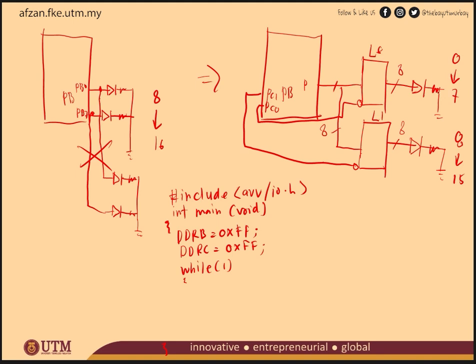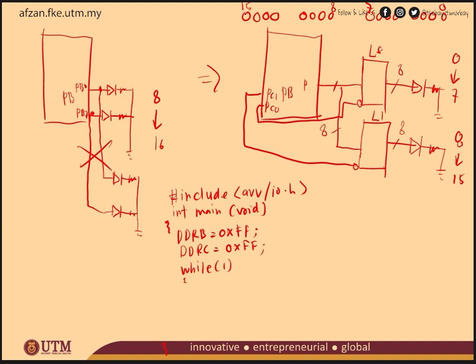How to do that? Let's say this is your LED. This is LED 0 until LED 7, and this is LED 8 until 15.